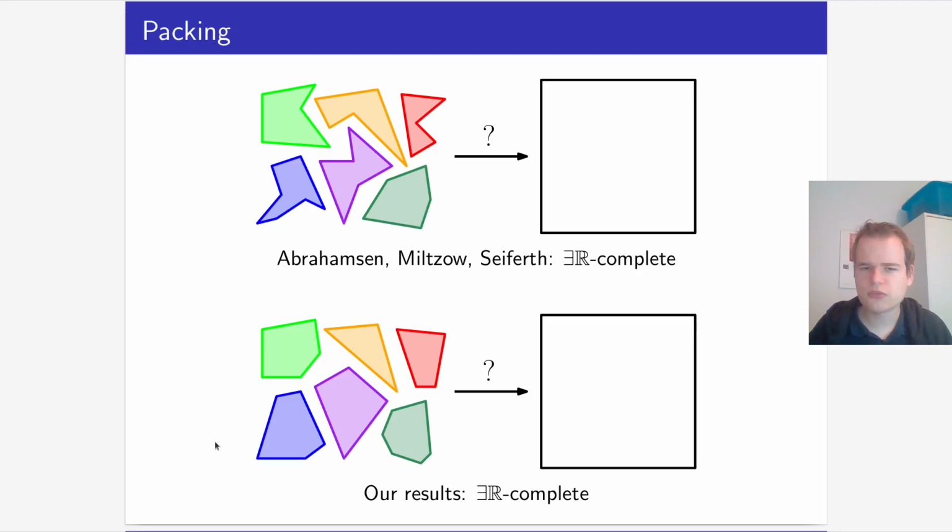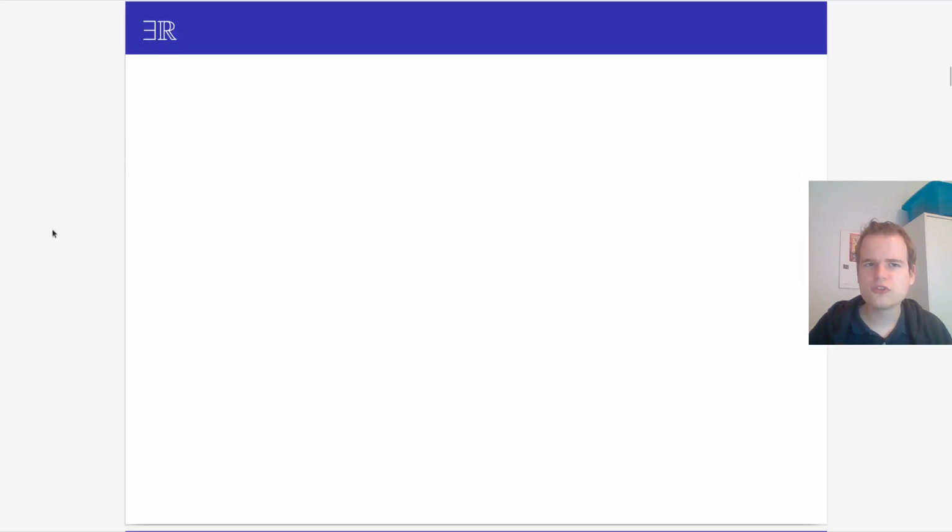Okay, so before I say what exactly our results are, let me introduce this complexity class ER, the complexity class of the existential theory of the reals. To define this class we need a problem which is also called existential theory of the reals, abbreviated as ETR.